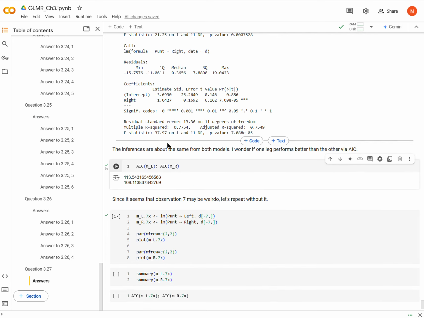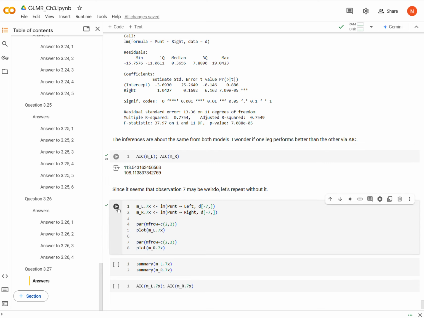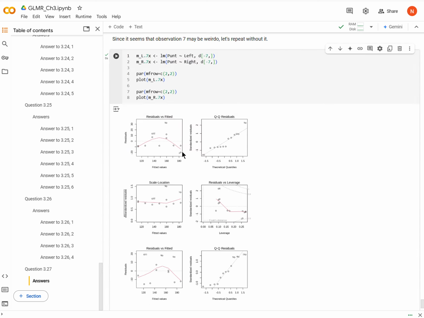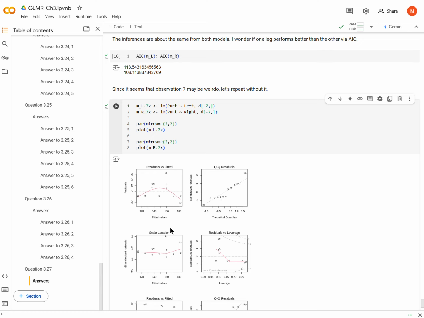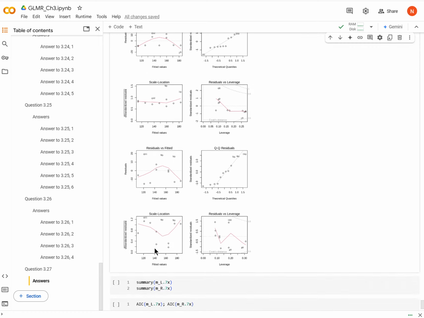Okay, so having said all that, let's go down here. We'll just repeat this without observation 7. And so first let's look at the fit for the left leg. I can't see that there's really much improvement by way of fitting for the left leg, and also not for right leg.